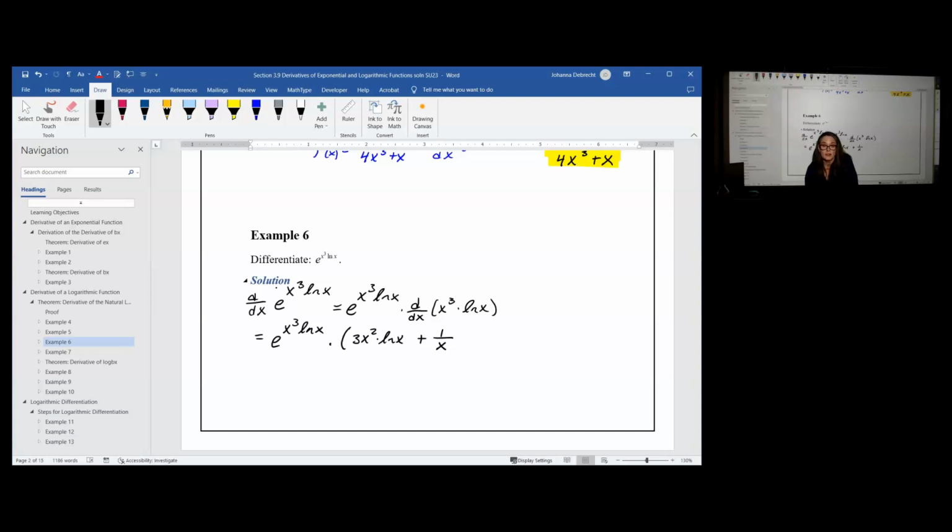The derivative of natural log is 1 over u, and the derivative of x is 1, times x cubed. We can simplify this term right here, and we end up with e to the x cubed natural log of x times the quantity 3x squared natural log of x plus x squared.